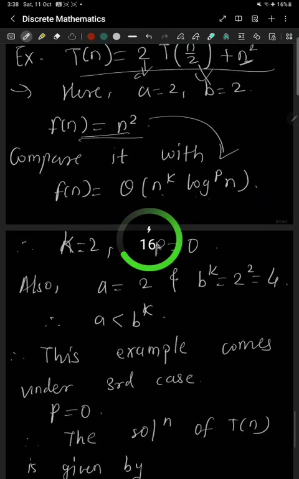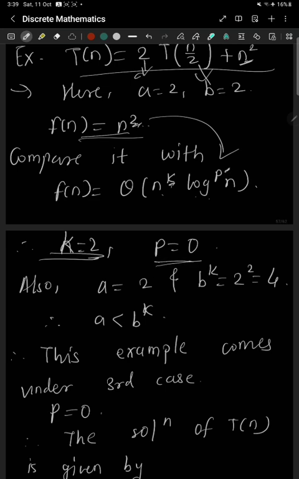Now k, the power of n, is 2, hence k is equal to 2, and there are no log terms. When there is no log term, p is going to be 0, because log raised to 0 n is going to be 1 only, so the power is 0, hence p is equal to 0.